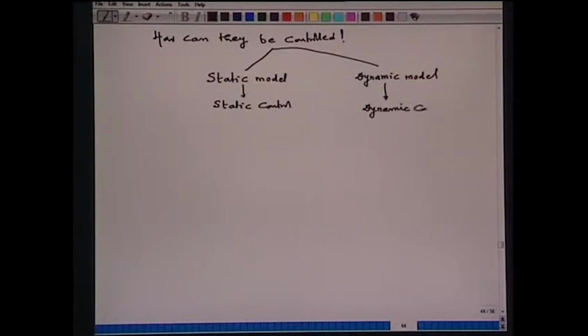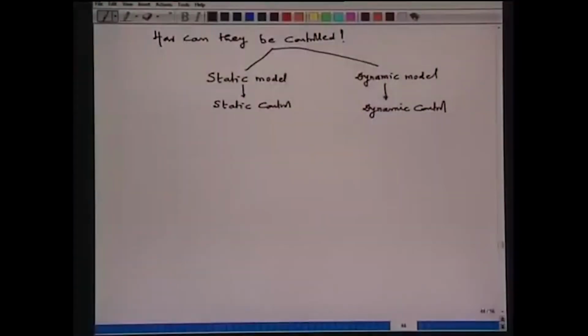Dynamic control is based on online measurement.